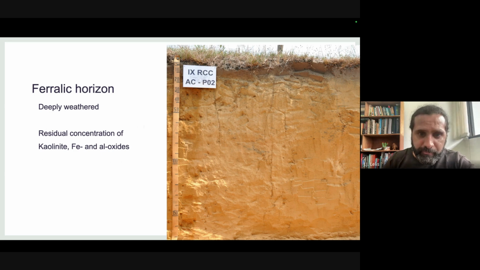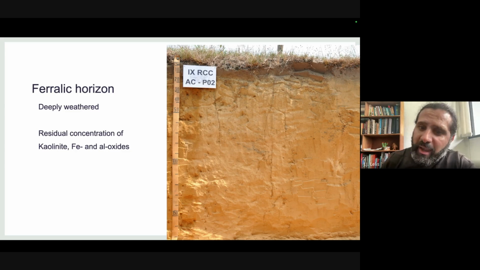And we have another option of a horizon that also registers a high iron content. That is the ferralic horizon. The ferralic horizon is also equivalent to the oxic horizon in soil taxonomy. So the ferralic horizon is a horizon that expresses intense weathering and leaching.